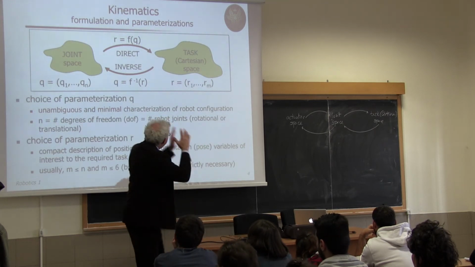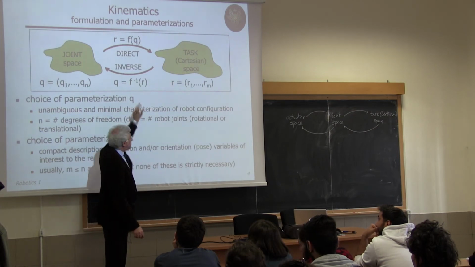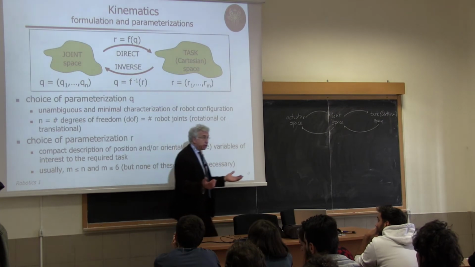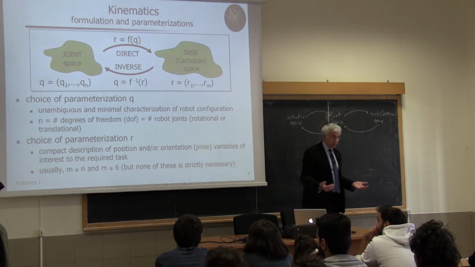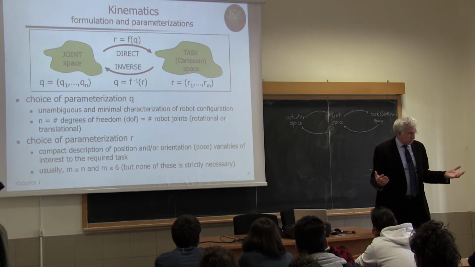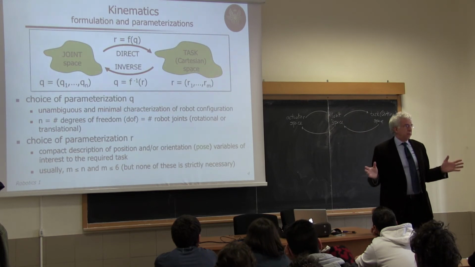So even if we define only 4 variables there, and we want to find the 4 here, this inverse function may have multiple solutions, or may have no solution at all if we are specifying a point which is out of the workspace. And sometimes it may have infinite solutions. So the inverse kinematic problem is a tough problem.